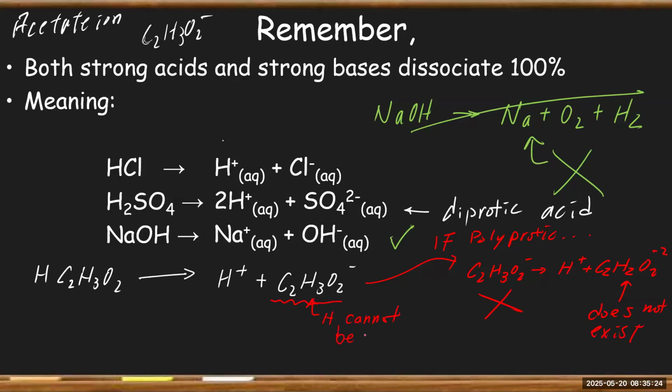Now, some of those who went back and looked at notes from October would realize Mr. Kim said polyatomic ions are a bunch of atoms that have bonded covalently that as a group act like a single ion.